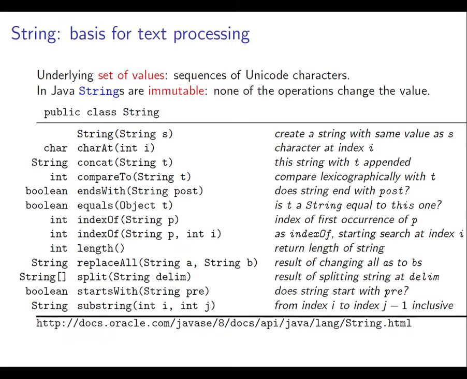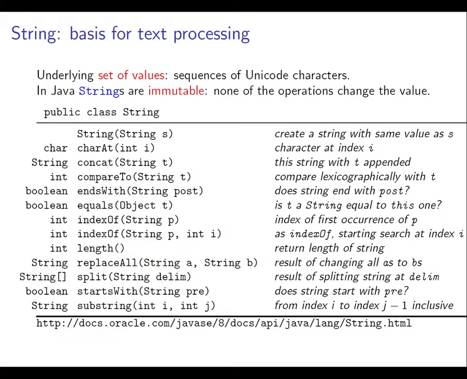Let's look, for example, at the concat method. So that's the third item in this list here. If you send the concat method to a string object, giving another string as argument, so we might, for example, write s.concat(t), what we're trying to say there is that the string I'm interested in from now on is s concatenated with t.